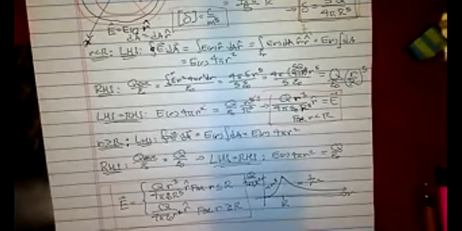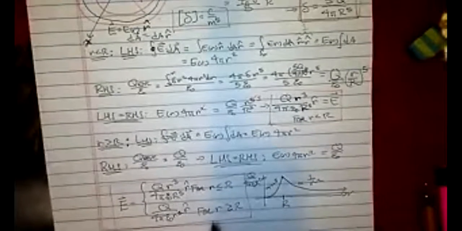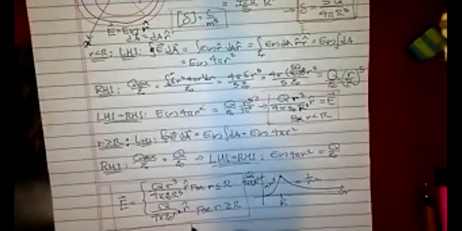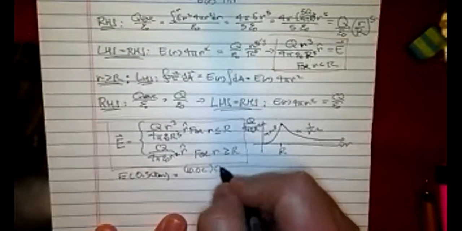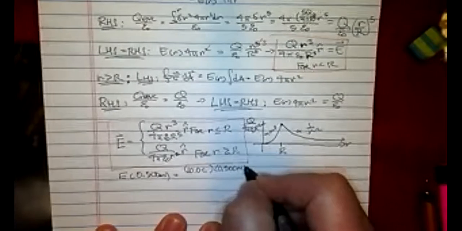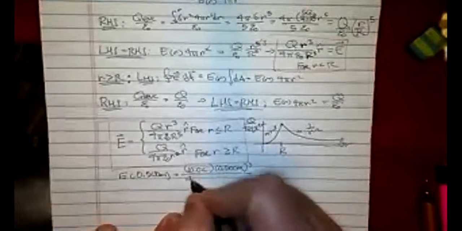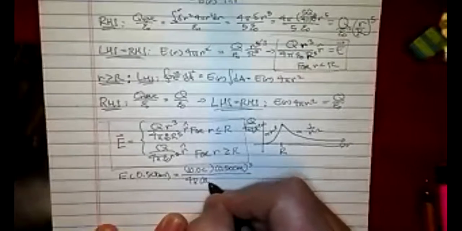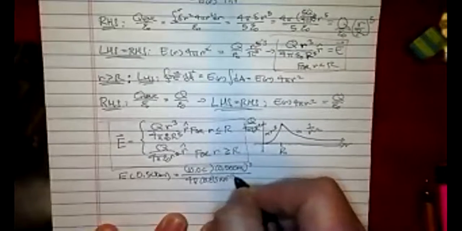So E of 0.500 meters is going to be 10.000 coulombs times 0.500 meters cubed. All that will be divided by 4 pi times 8.85 times 10 to the negative 12th.